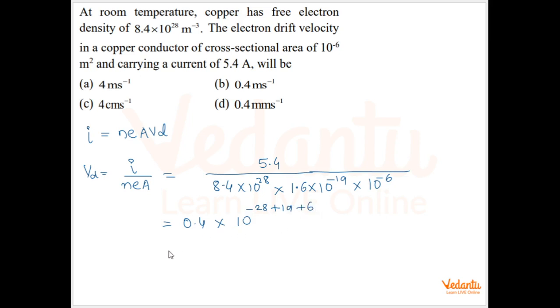That will be equal to, my dear bachcha log, 0.4 into 10 raised to the power 19 plus 6 is 25, so 10 raised to the power minus 3 meters per second. That is 0.4 millimeters per second, which means option D is the correct answer.